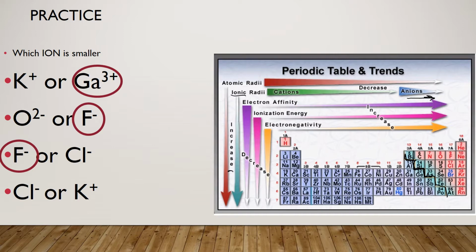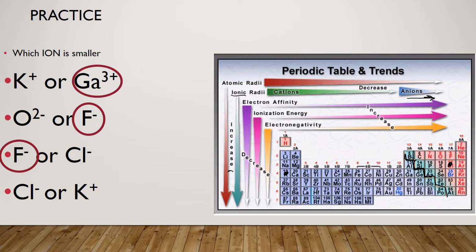Finally, you have chlorine and potassium. This is where you have a weird one because you have chlorine, which is an anion, and potassium, which is a cation. So normally the anions are bigger, but then you also have the fact that there's a drop in row. So potassium actually gains an additional layer. So this is one where you actually have to kind of know it. That's why I'm going over it.